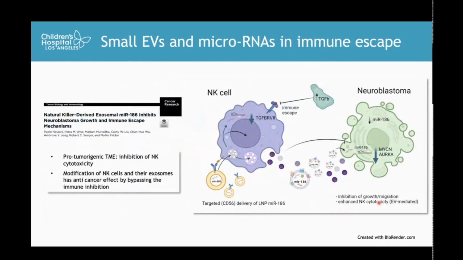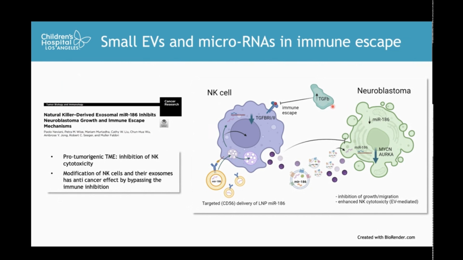And in this other publication that came out in 2019 in Cancer Research, we were looking at the interplay between high-risk neuroblastoma and NK cells in the tumor microenvironment. It was known that in high-risk neuroblastoma, which is characterized by amplification of MYC-N, MIR-186, a known tumor suppressor, has lower expression.